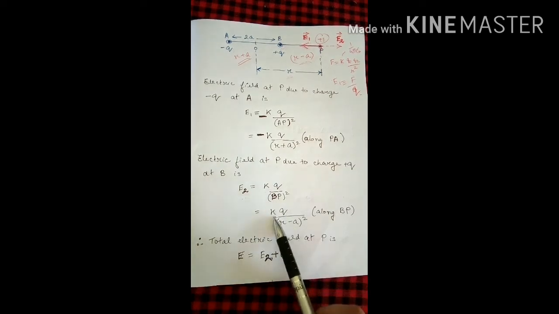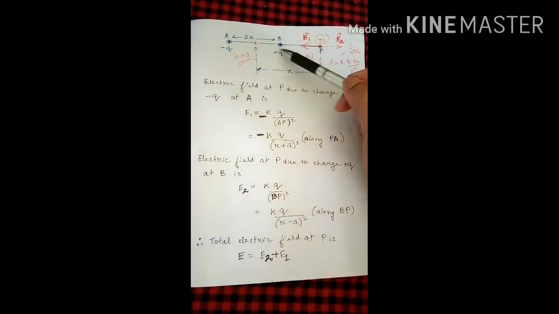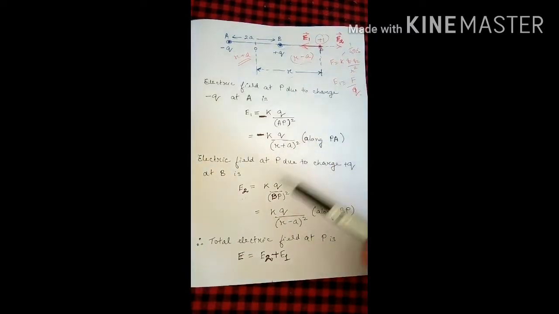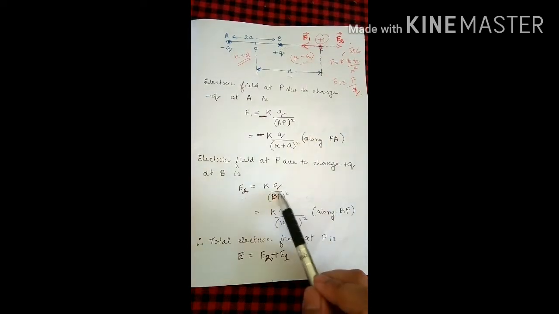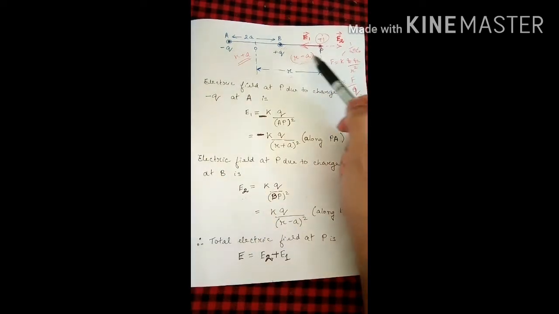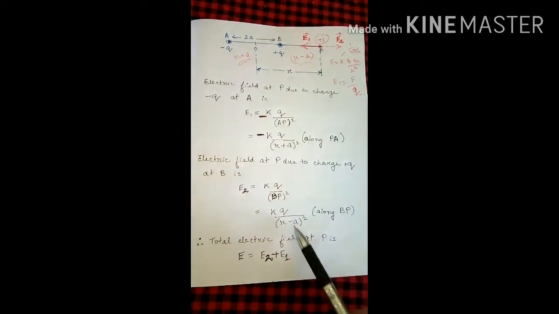Here K is the constant 1 by 4 pi epsilon naught, and Q is the charge plus Q. Here we have a positive charge, so there will be no negative sign. In the denominator, we have to put the distance. So what is the distance? BP, that is equal to R minus A. So we have written here (R minus A) whole square.